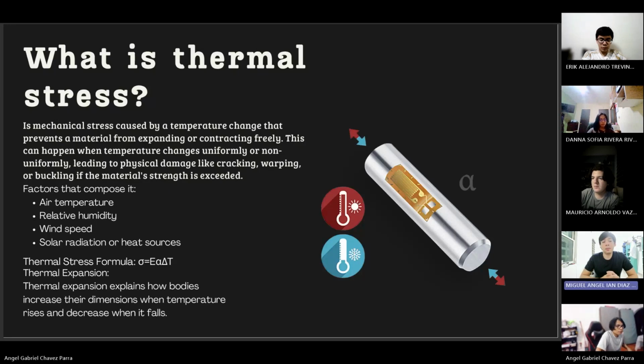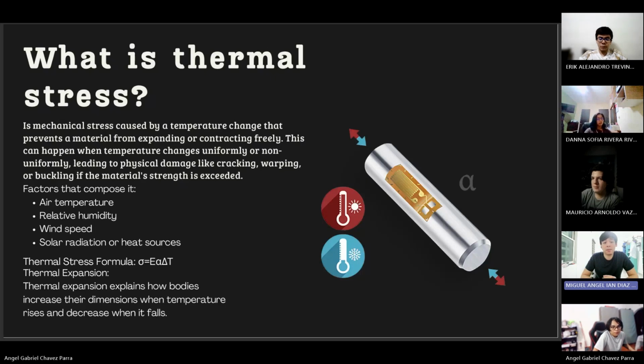What is thermal stress? A thermal stress or mechanical stress is caused by a temperature change that prevents a material from expanding or contracting freely. This can happen when temperature changes uniformly or non-uniformly, leading to physical damage like cracking, warping, or buckling if the material strength is exceeded.